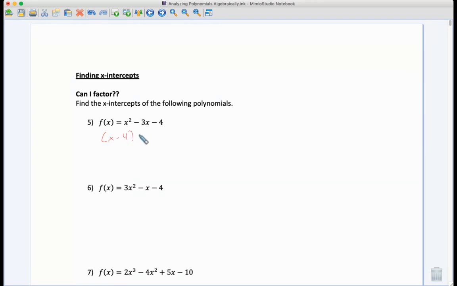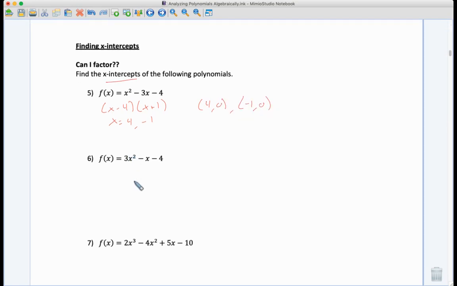That's going to be negative 4 and positive 1. So when I solve, x is going to equal 4 and negative 1. But once again, I want to find the x-intercepts. X-intercepts are written as coordinates, so my coordinates are going to be (4, 0) and (negative 1, 0).